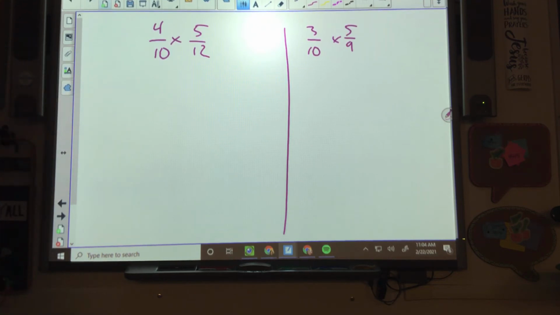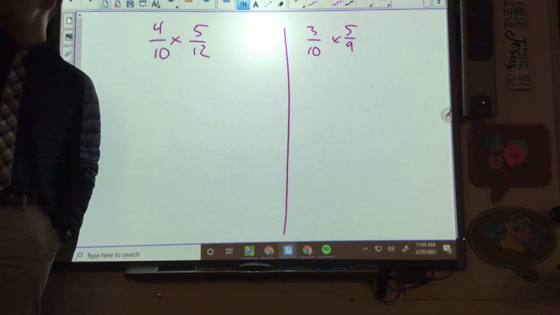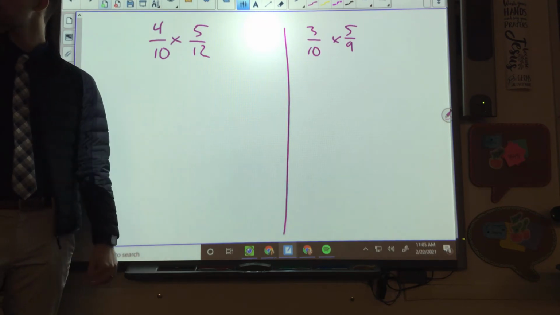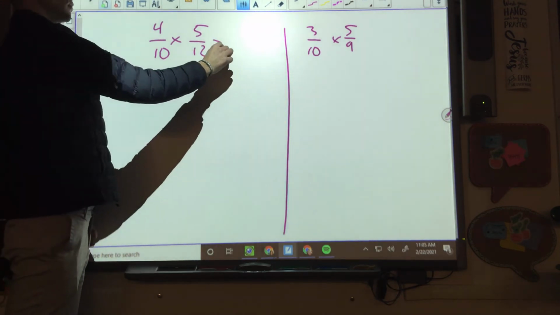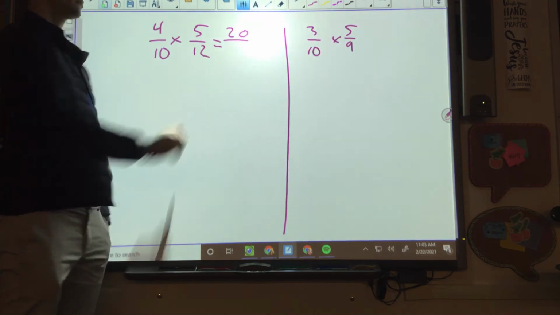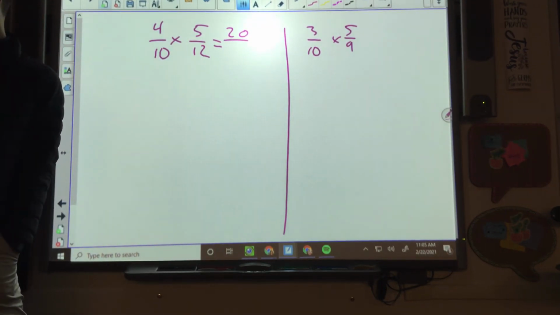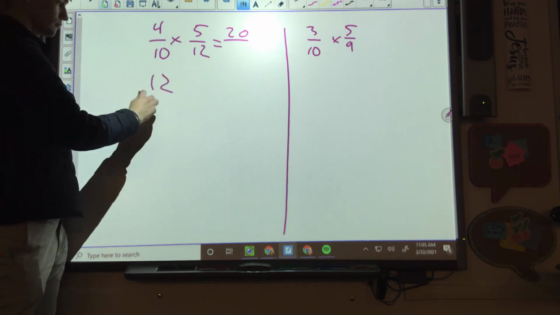What is 10 times 12? Alright. What's the first step? Nope, too bad. It's 100. 4 times 5 is 20. Yep, and the bottom? 10 times 12?